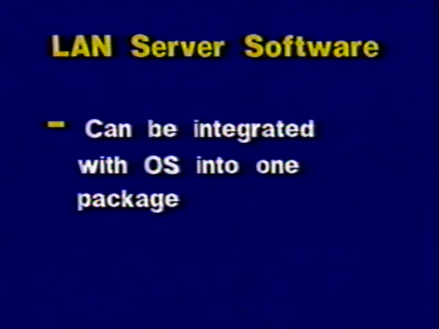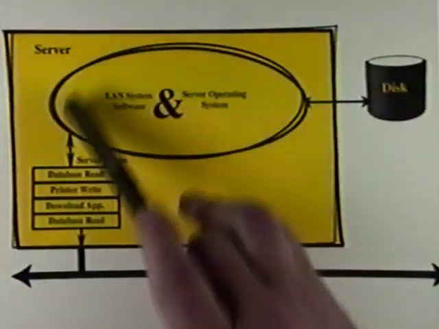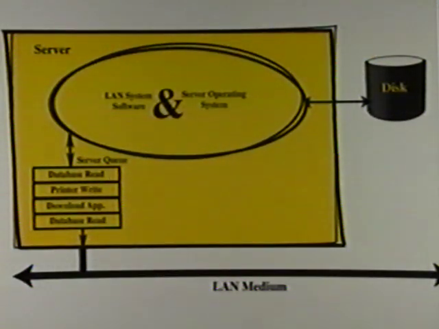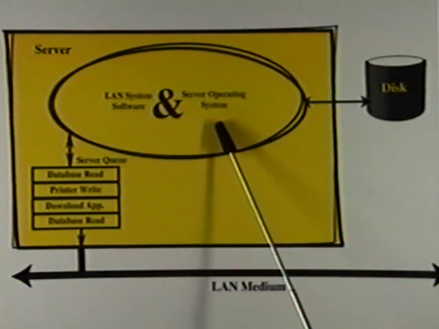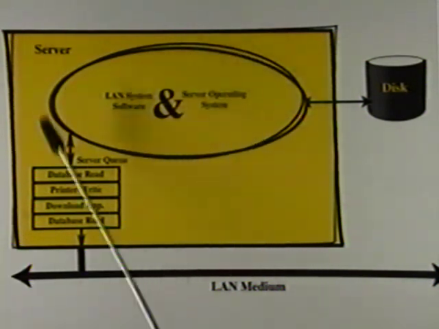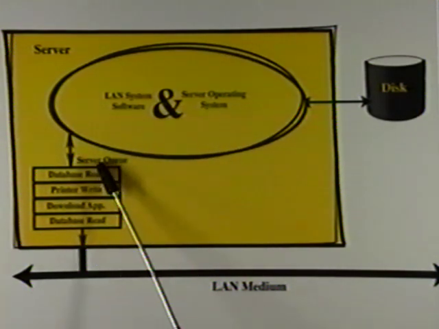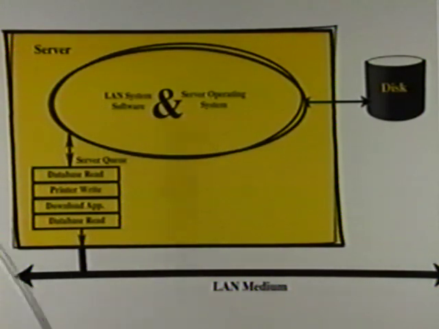What I mean by this is that whereas prior we had two different types of circles representing the system software and the LAN system software, and I hope this doesn't get confusing for you, one option we have is that you can take your LAN system software and your server operating system software and integrate them together. Okay? So what does this do for us?